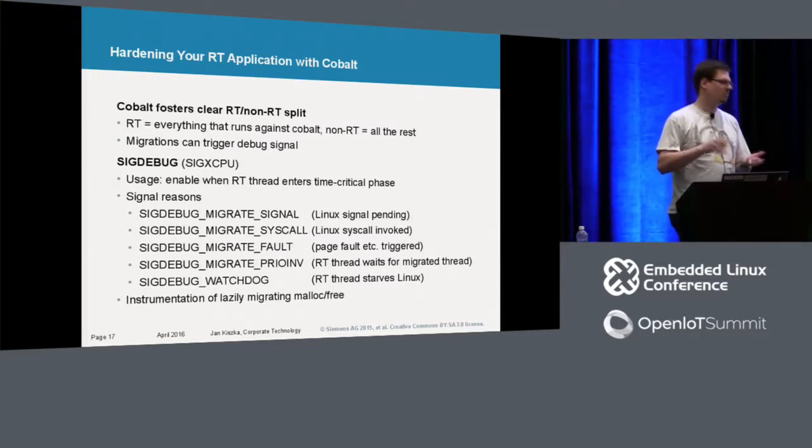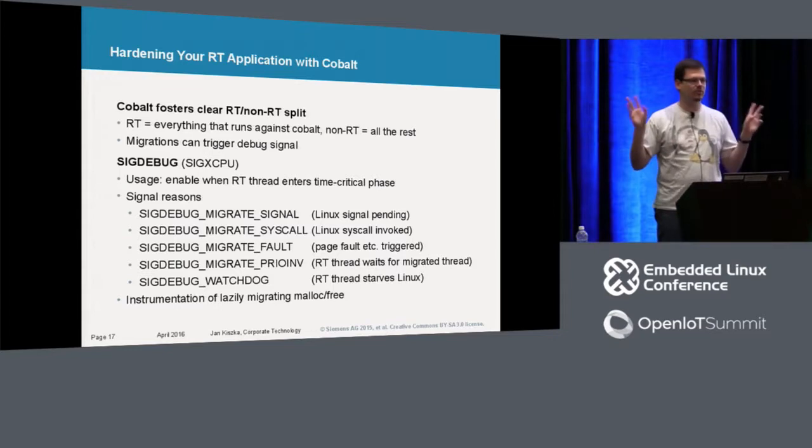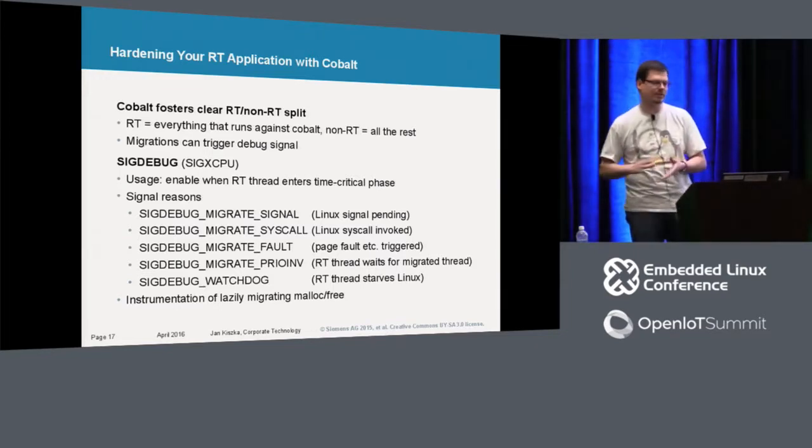And the signal, you can trap it with GDB or you can just dump a backtrace and you know, okay, something is wrong in my architecture. And specifically interesting, if you're porting an existing application over to the real-time world, which is supposed to be real-time but not really designed for real-time so far, that helps a lot with debugging the application.